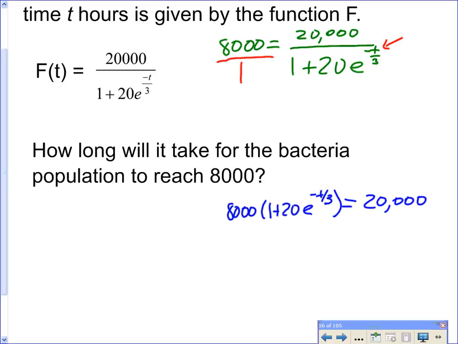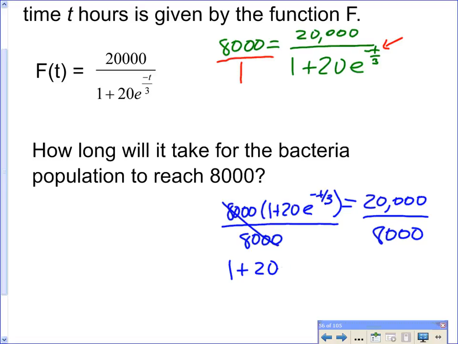All right. Now I'm solving for t. It's in the numerator now. That's great. Solving for t, so let's work towards isolating it. So I'm going to divide both sides by 8,000. Those cancel. 1 plus 20 e raised to the negative t over 3 is equal to 20,000 divided by 8,000, which is going to give me 2.5.